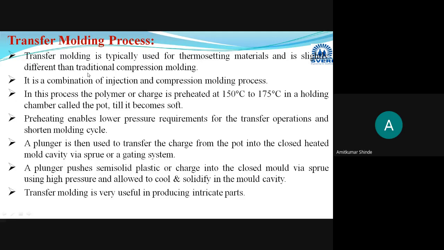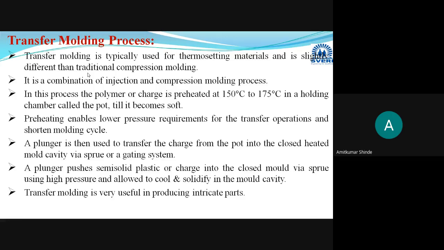In a previous lecture, we studied the compression molding process, and then we discussed the mold design used in compression molding. But that compression molding process has certain disadvantages: we cannot manufacture complicated shapes or intricate designs, we cannot manufacture thick components, and wastage of material is more, and whichever scrap is produced you cannot recycle it.